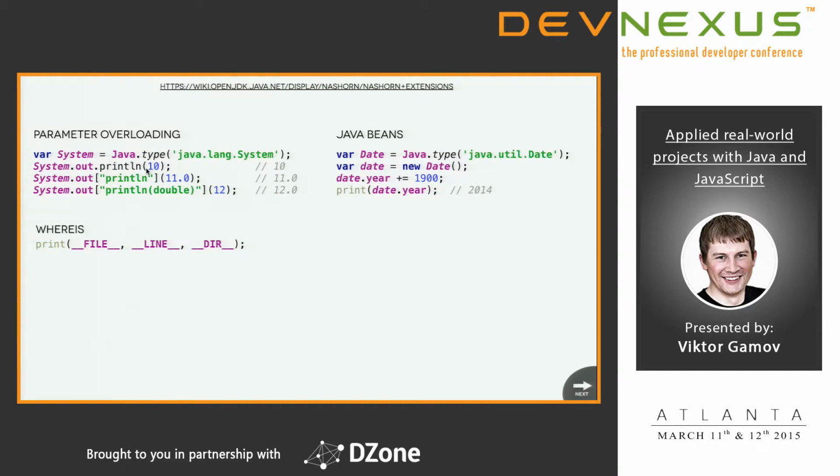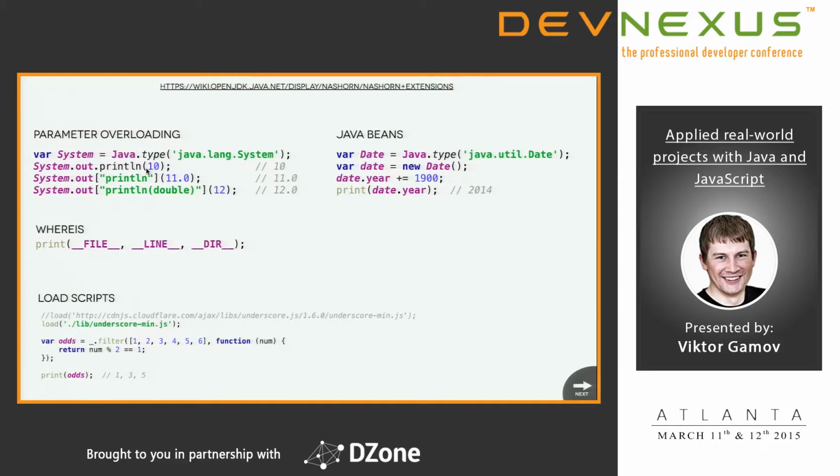So Nashorn also provides things that allow me to sort of debug. These kinds of variables give me access to the current file, current line, and the current directory.